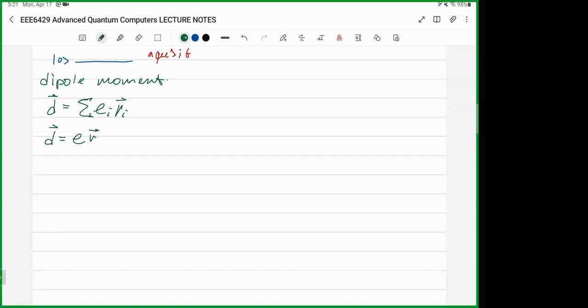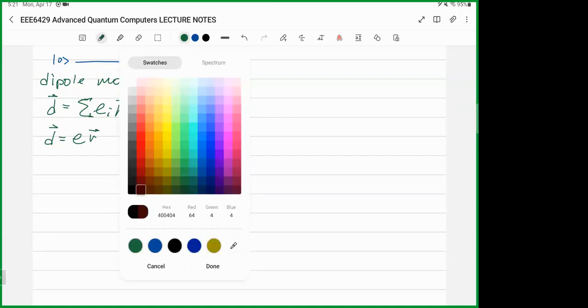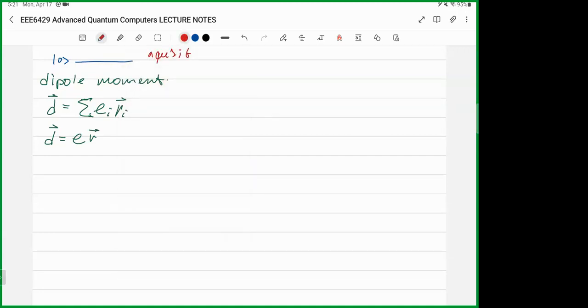And if we go to quantum, as we know, we have to replace this dipole moment by its operator, right? So let's denote D equal to E times R, where R is the operator of the radius vector.